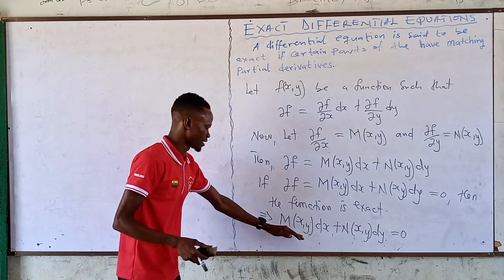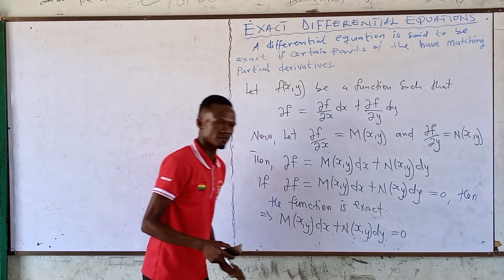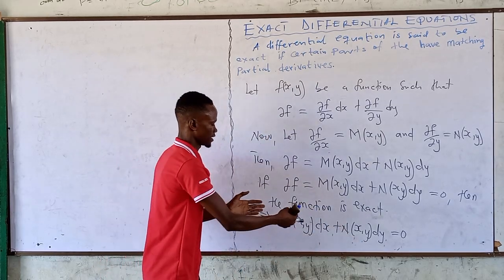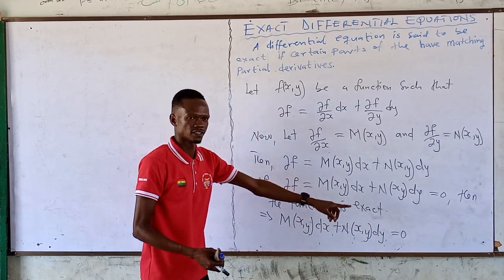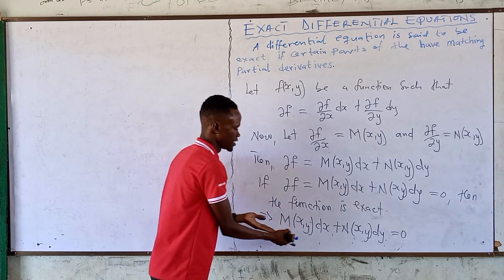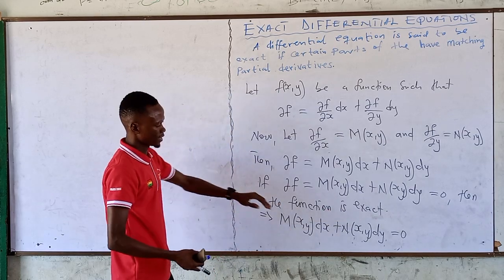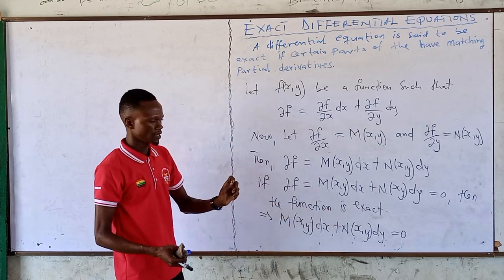So we have a partial derivative, we have another partial derivative. So when we put the two partial derivatives, multiplied by dx and dy, they give us 0. So if the equation is given in this form, then that particular equation has become exact.